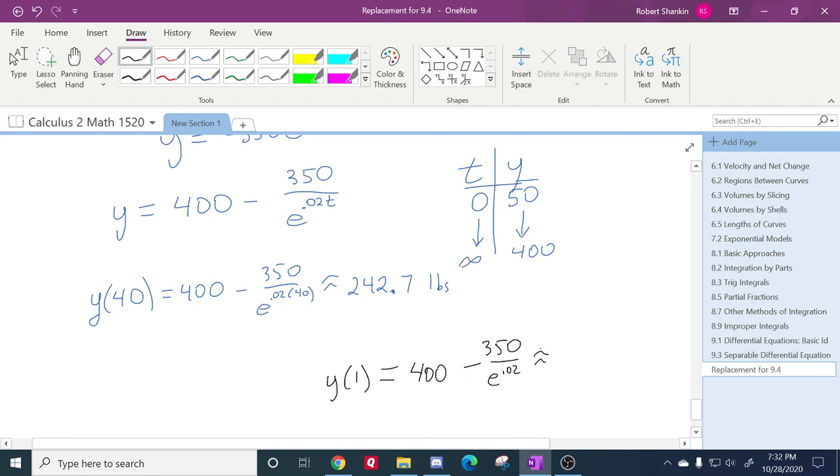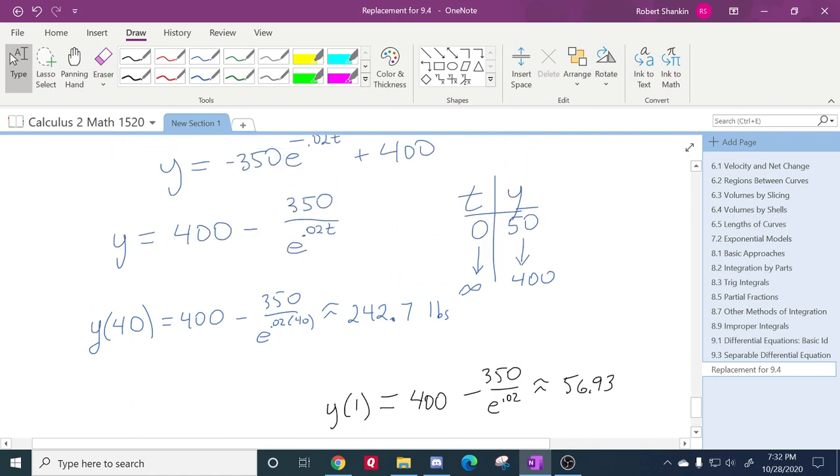If I punch that up on my calculator, I get 56.93, which is really close to 57. So my approximation was quite valid. And that solves that problem.